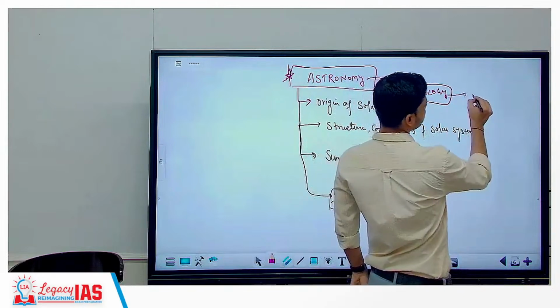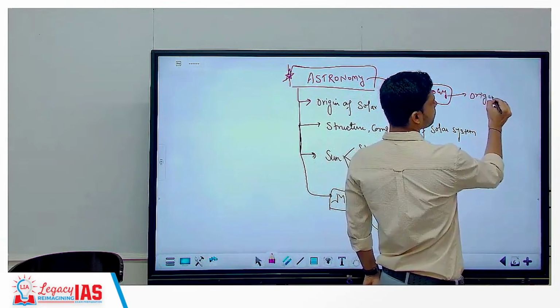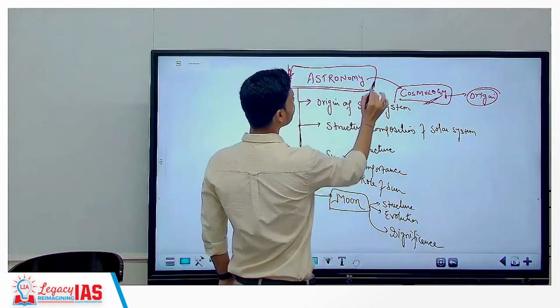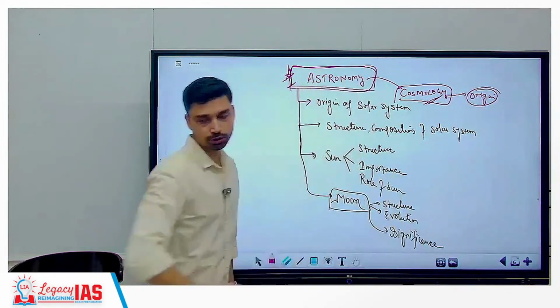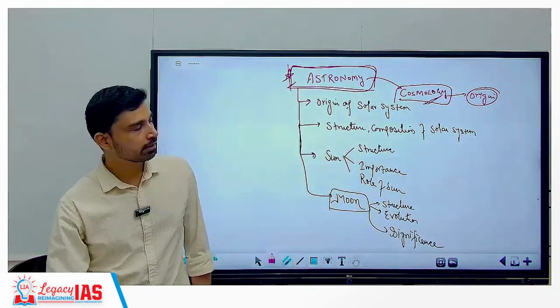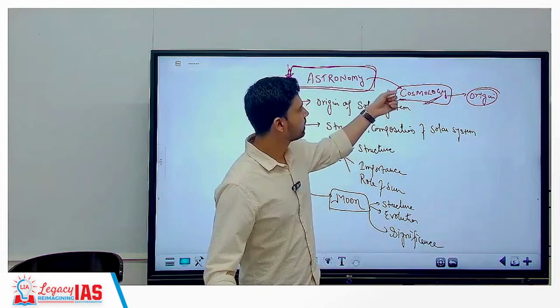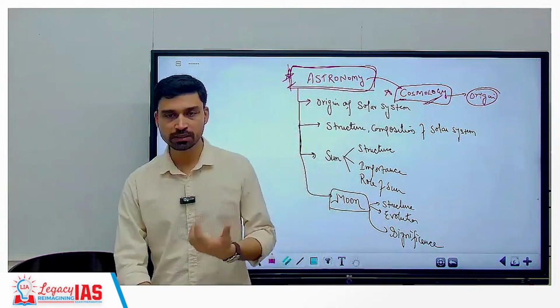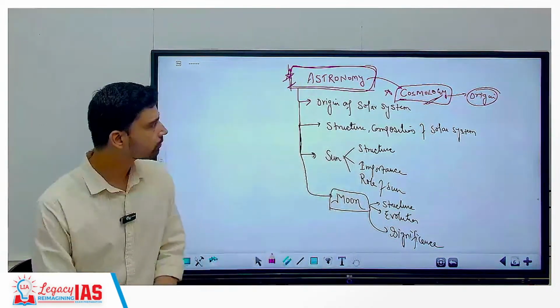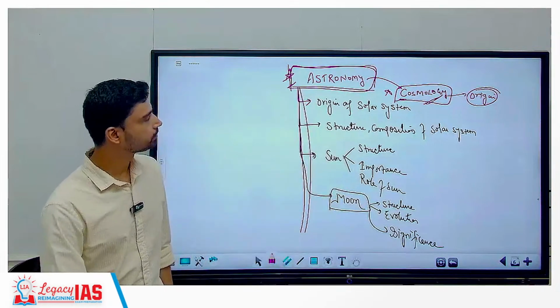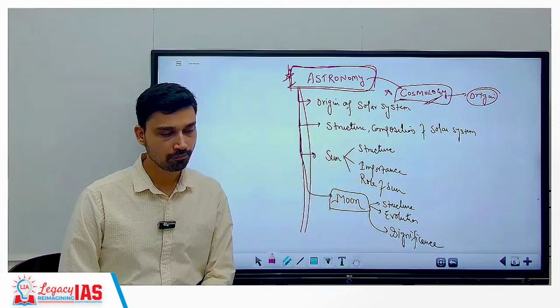So the origin part is studied here, while the current or present situation is part of astronomy. Cosmology is not in our syllabus. It is a very specialized branch of astronomy. So we are focusing on basics here: origin of the solar system.